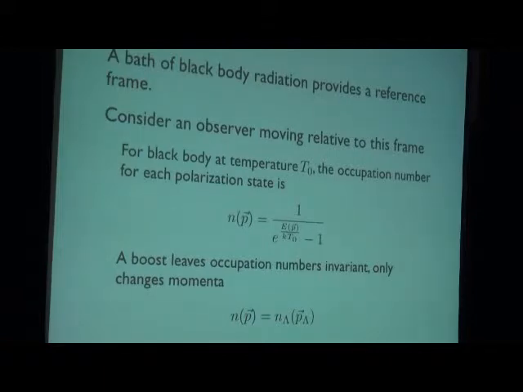Different observers just assign different momenta to these particles. And so this is a Lorentz invariant quantity, and we find that the occupation number that the observer at rest assigns to the momentum p has to be the same as the occupation number the moving observer assigns to the state with momentum p lambda, where p lambda is just the momentum that he assigns to this momentum here.